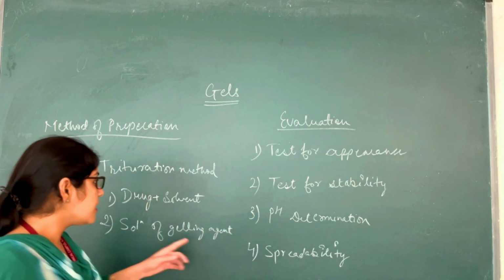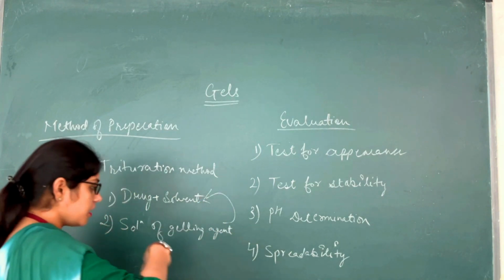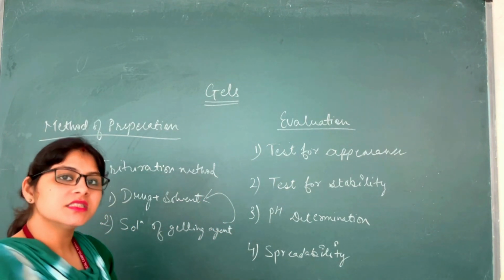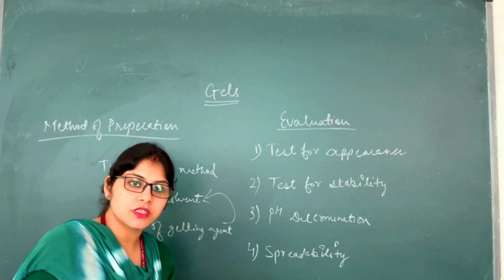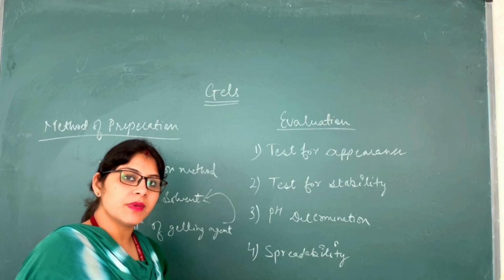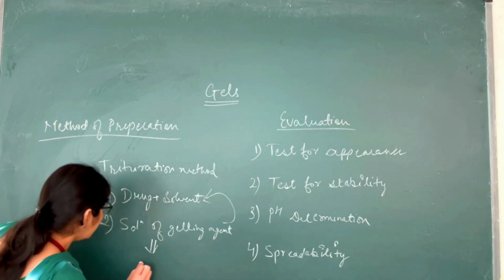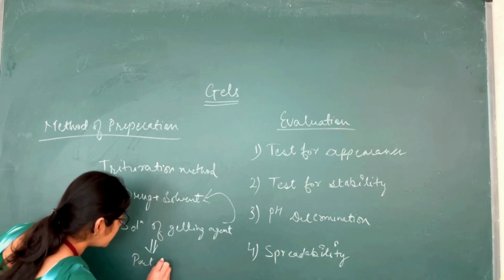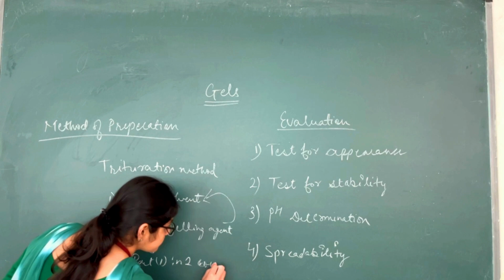Then we add the gelling agent to the drug solution with trituration, that is, continuous stirring. With the trituration we mix all the ingredients. Then we mix part 1 into part 2 with continuous stirring.